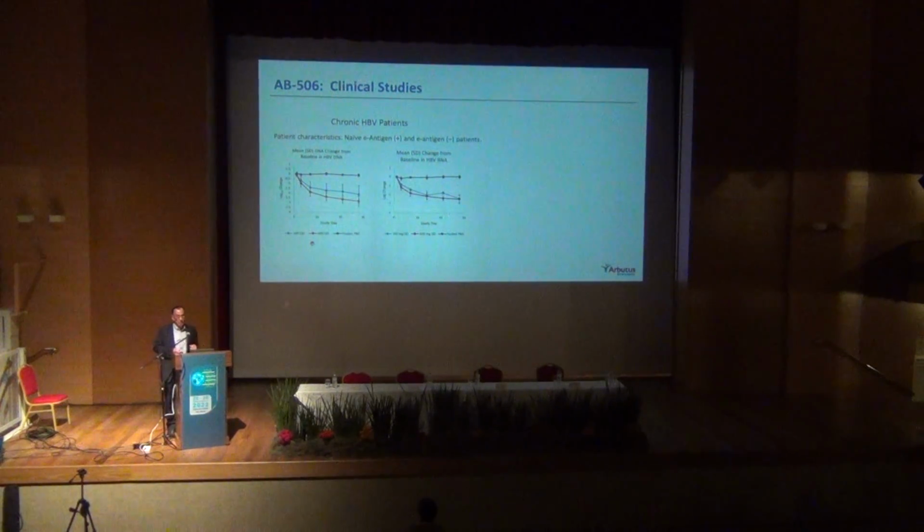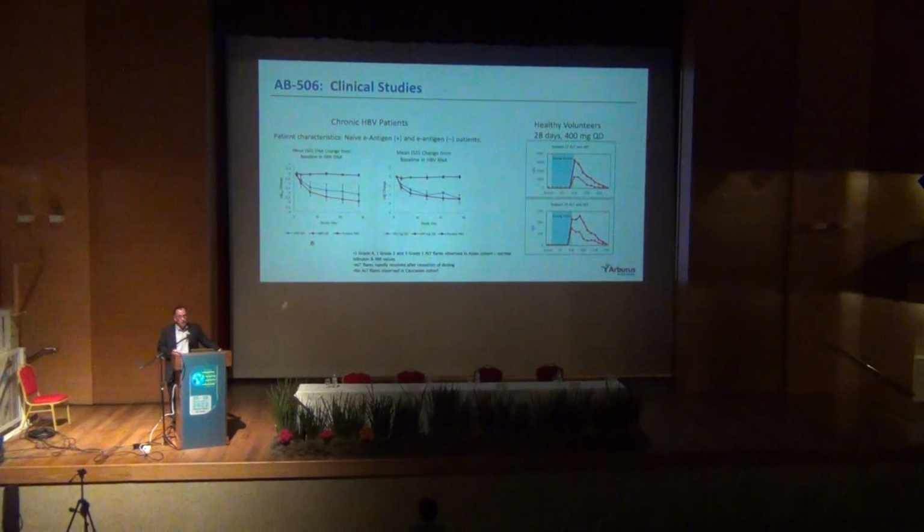However, one thing we noticed in the clinical study, these are 28-day studies in HBV patients, was that at day 18 we were seeing ALT elevations, grade 2 and 3 ALT elevations, in some patients, specifically Asian patients. We didn't know what this was about.